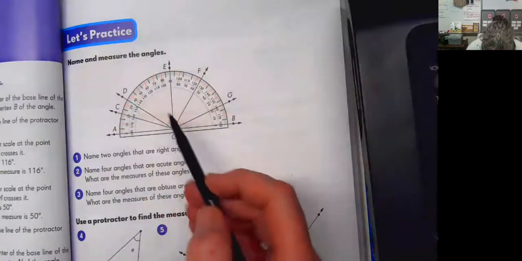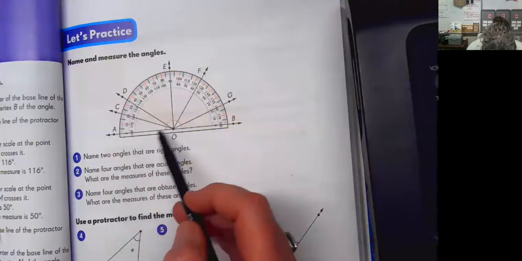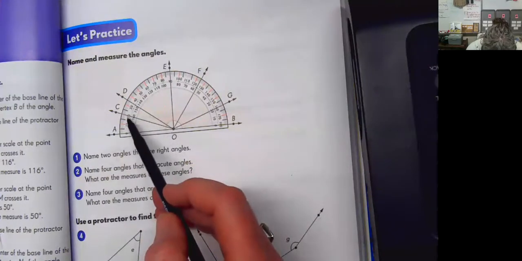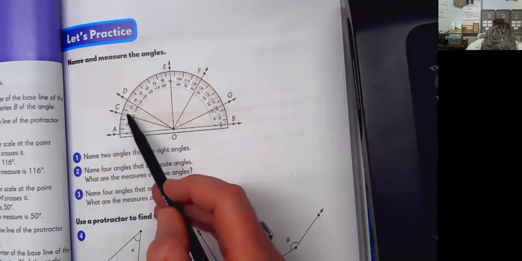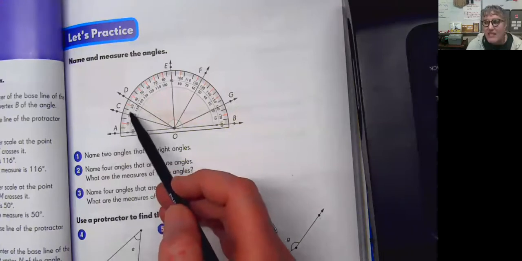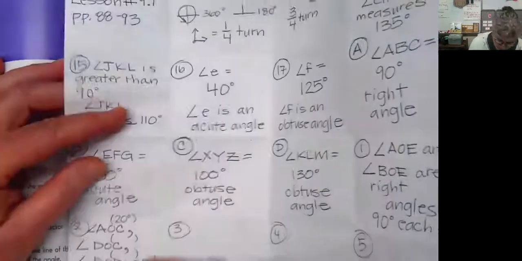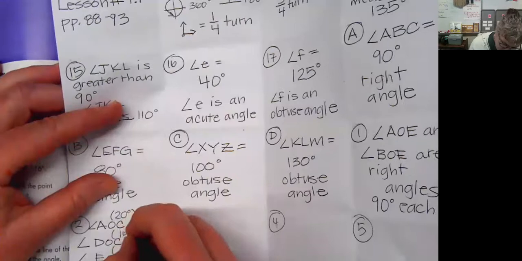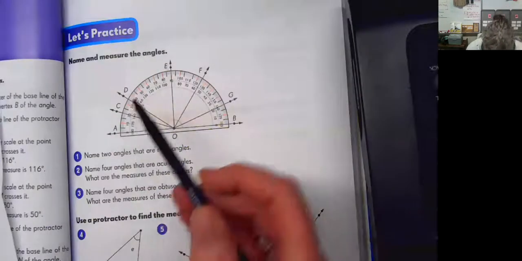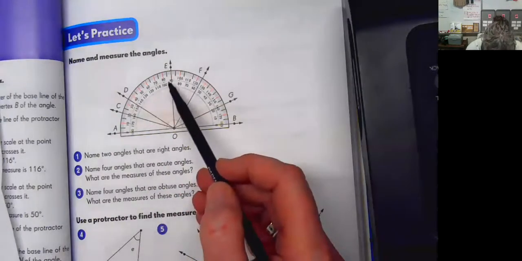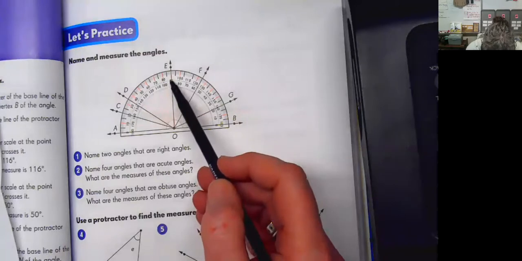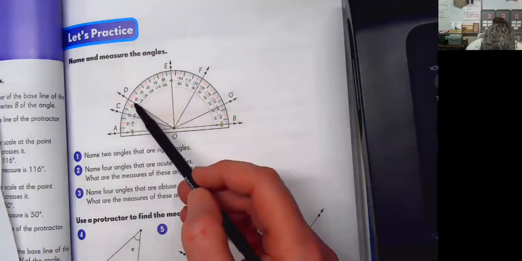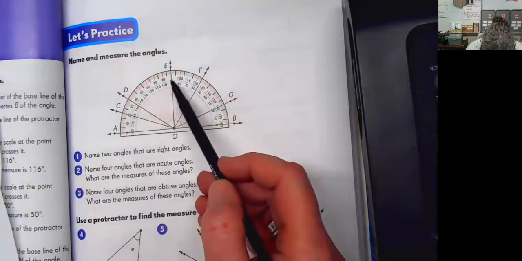Now I need DOC. So this one is from 20 to 35. So 35 minus 20 is going to be 15. So it's 15 degrees. Now I'm measuring this last one, and it is from 35 to 90. So we could skip count it.